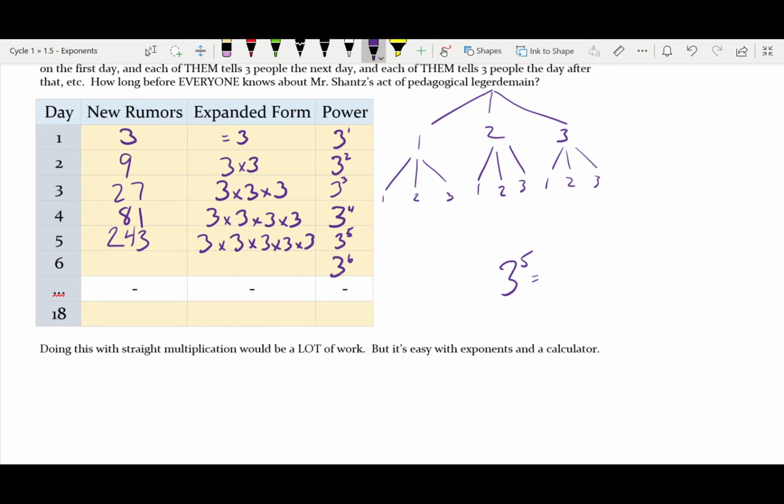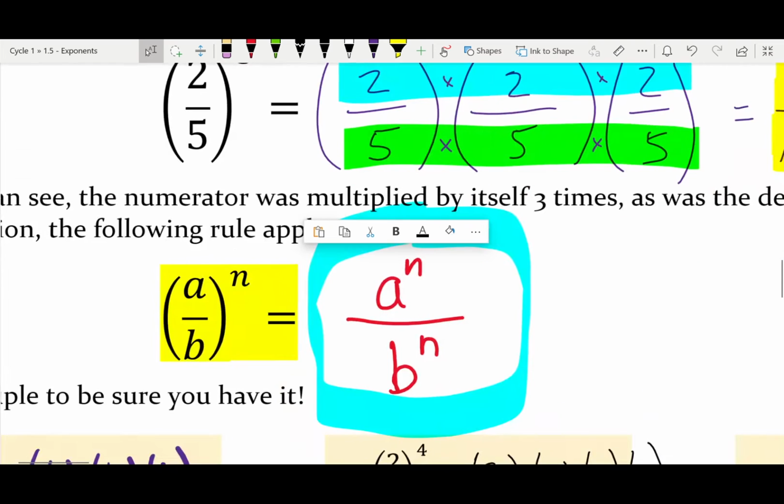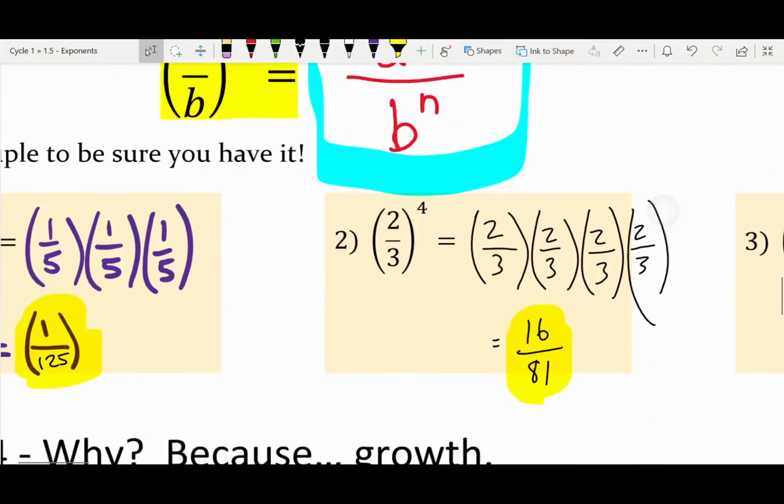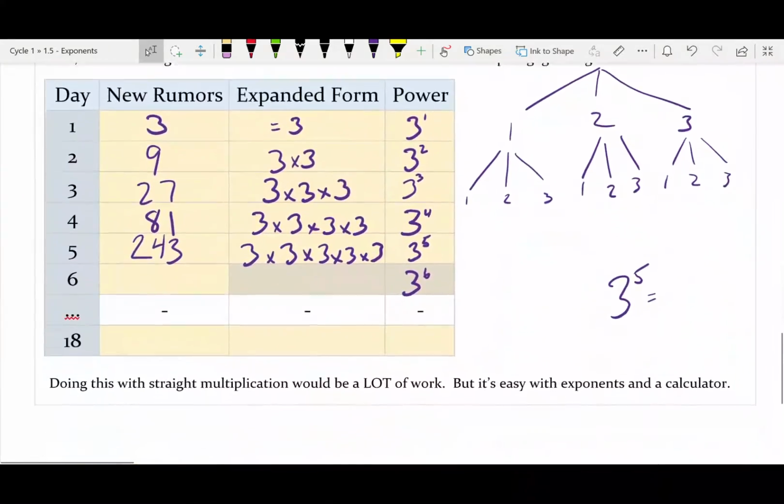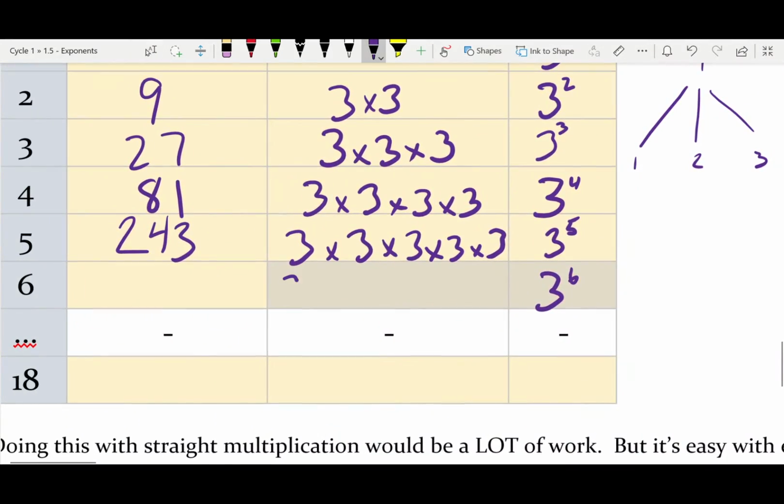But then each one of those 243 tells 3 people, and so on and so forth.